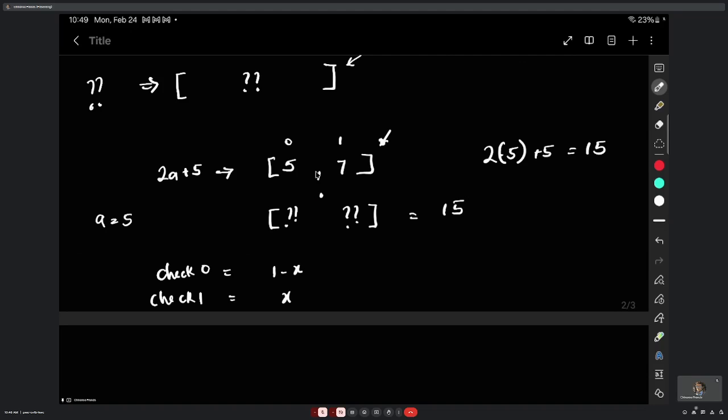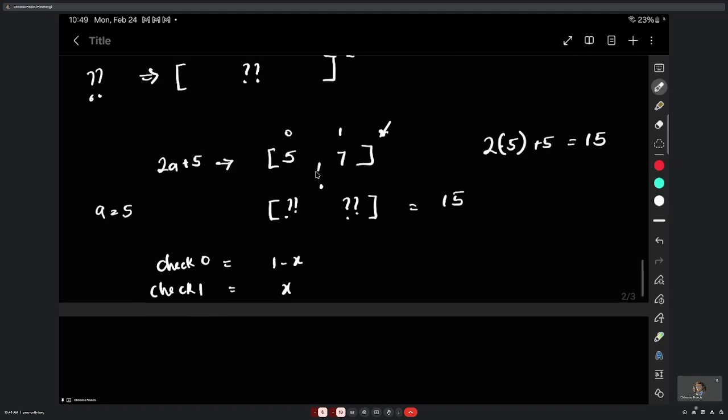I think so. Like what I'm thinking is that you will use check zero for places where the value is zero, and check one where it is one.